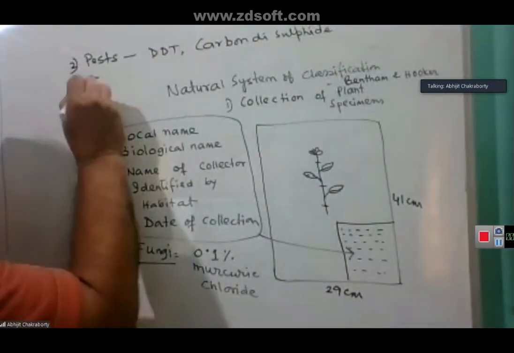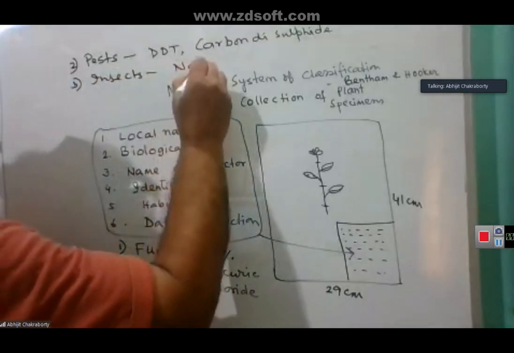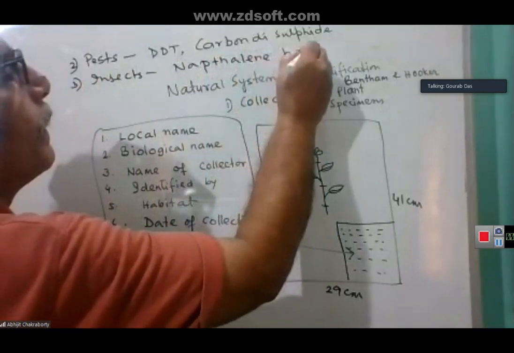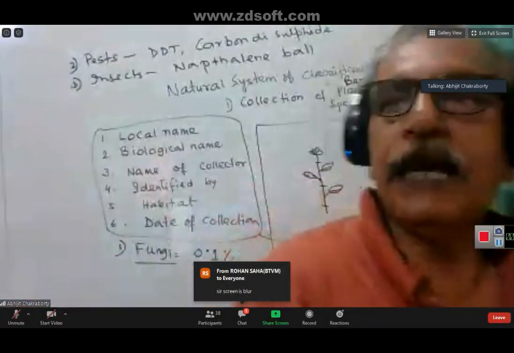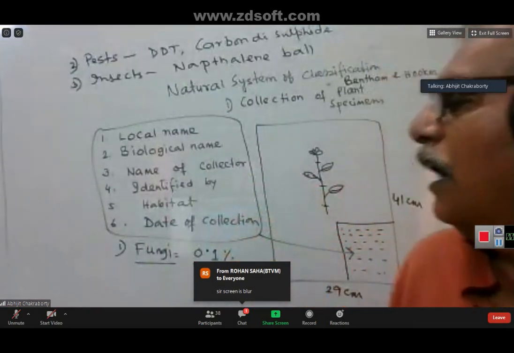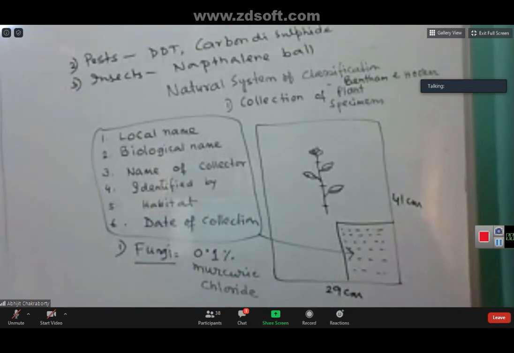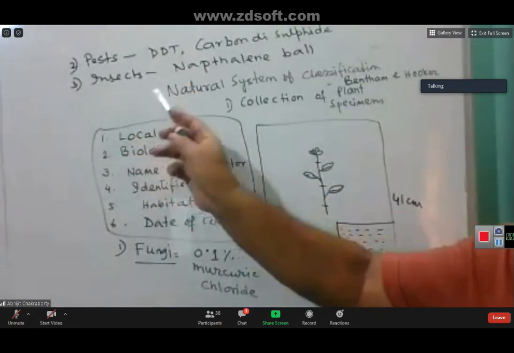For some specific insects, naphthalene balls may be used. So you need to remember how you can protect specimens from different fungi, pests and insects.